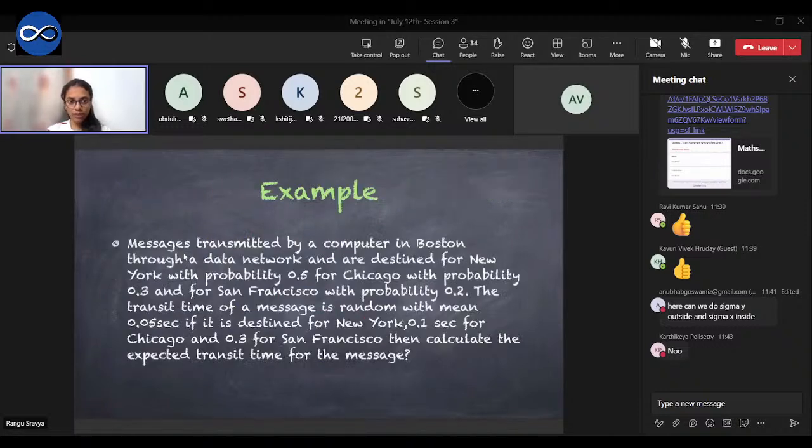Let's look at an example. A message is transmitted by a computer in Boston through a data network and is destined for New York with probability 0.5, for Chicago with probability 0.3, and for San Francisco with probability 0.2. The transit time of a message is random with mean 0.05 seconds if it is destined for New York, 0.1 seconds for Chicago and 0.3 for San Francisco. Then calculate the expected transit time for the message.